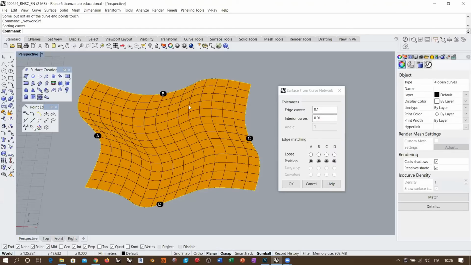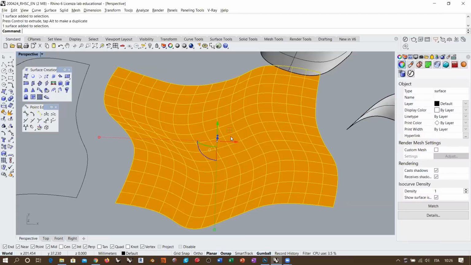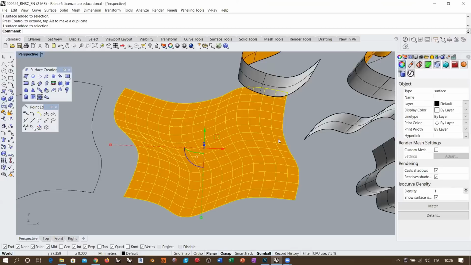Okay, so you see that these isocurves are not, let's say, visual isocurves. These are knot lines. And as knot lines, it means that this is a knot span, another knot span, another knot span. So as this is not a single span surface, there is no automatic increase in the degree.